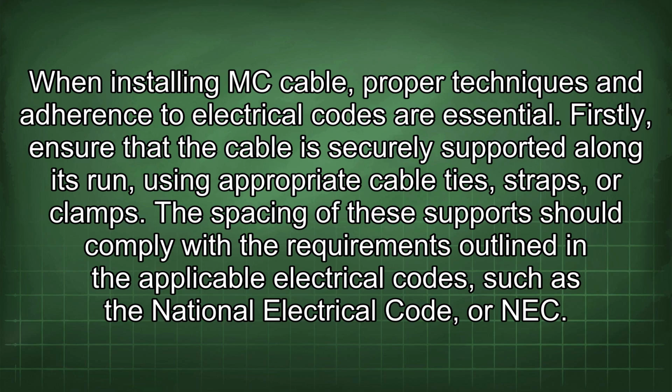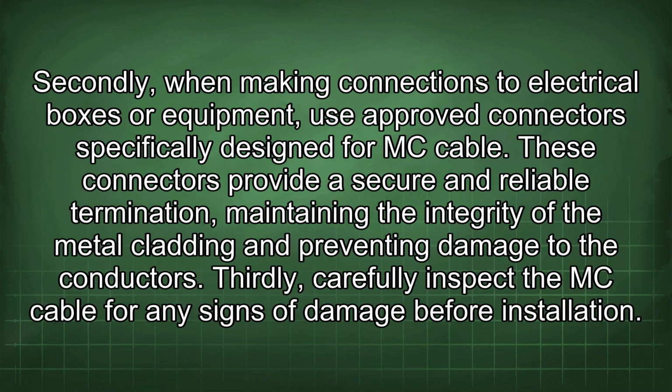The spacing of these supports should comply with the requirements outlined in the applicable electrical codes, such as the National Electrical Code, or NEC. Secondly, when making connections to electrical boxes or equipment, use approved connectors specifically designed for MC cable. These connectors provide a secure and reliable termination, maintaining the integrity of the metal cladding and preventing damage to the conductors.